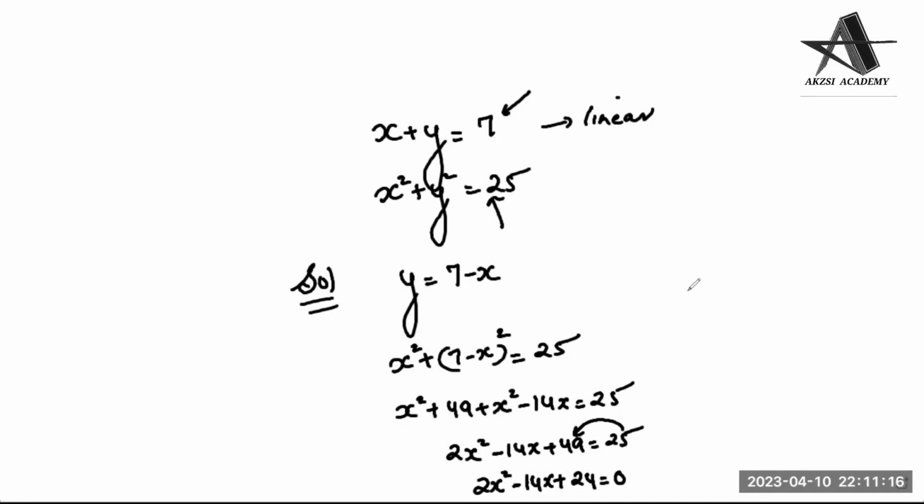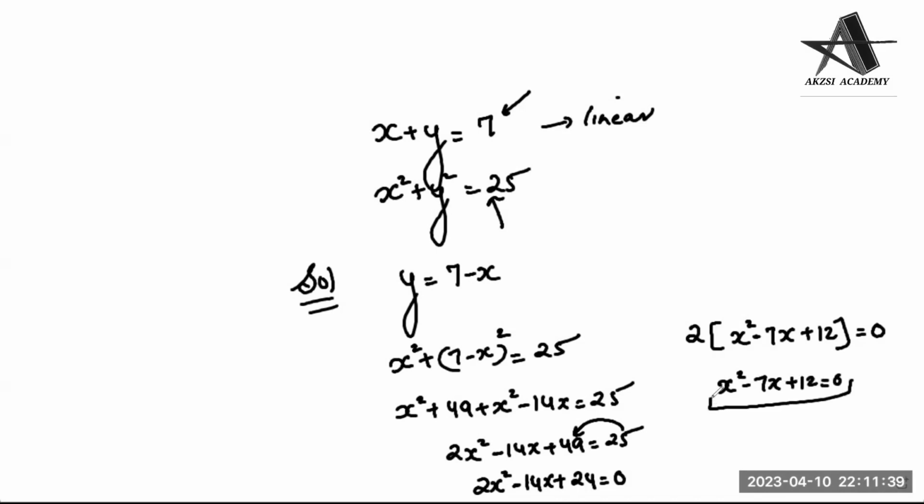You can take out 2 as common as well, because 2x squared, 14x, 24 all have 2 common. When you take 2 out as common, it's x squared minus 7x plus 12 equals 0. Now dividing both sides by 2, you'll get x squared minus 7x plus 12 equals 0.